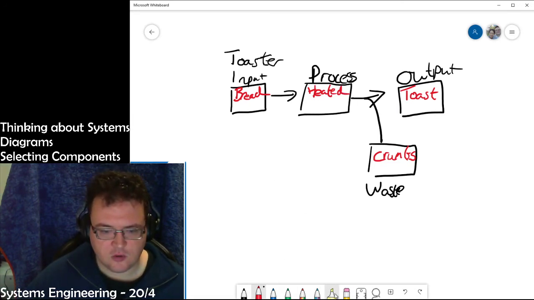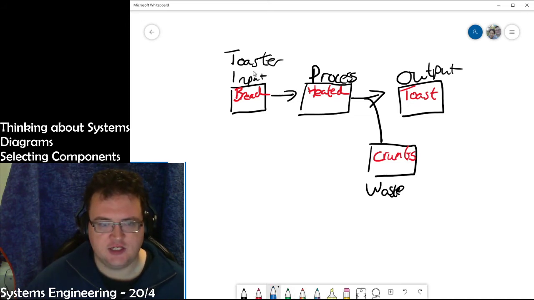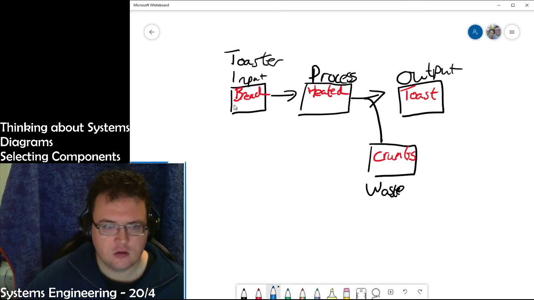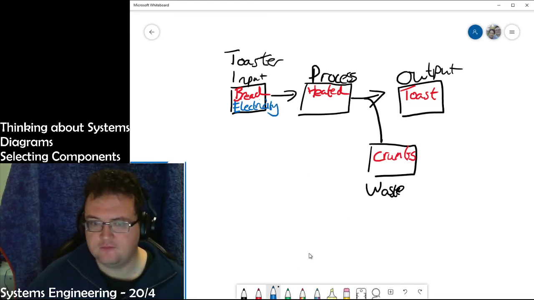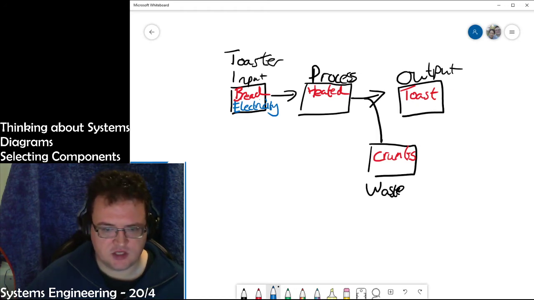All right, so we also have to remember that not only did bread go in, electricity also went in. So bread and electricity go in, heat, output is toast, waste is the crumbs. There's also one other waste product.